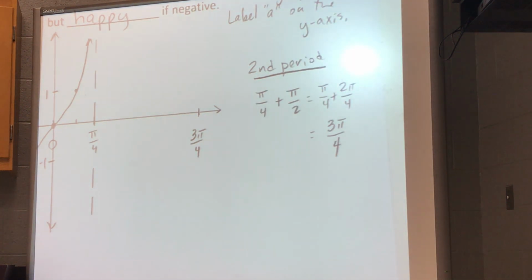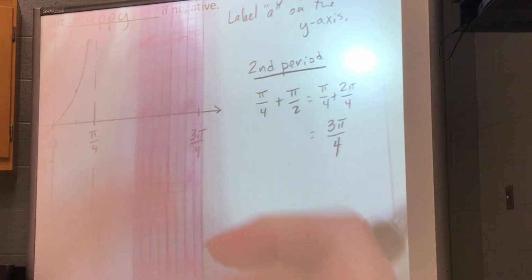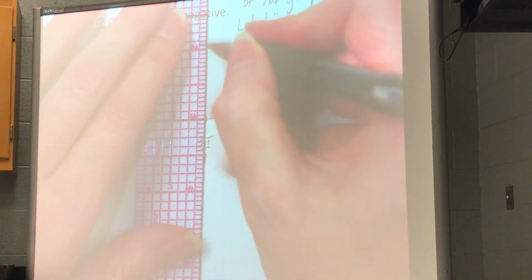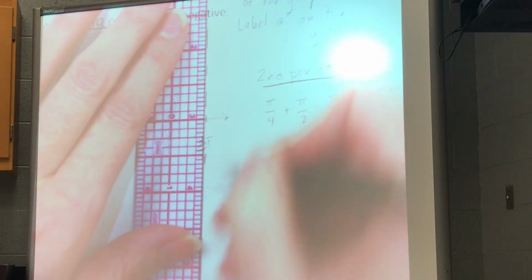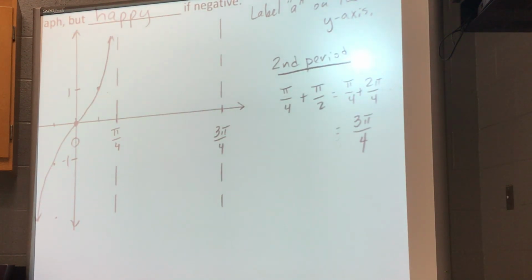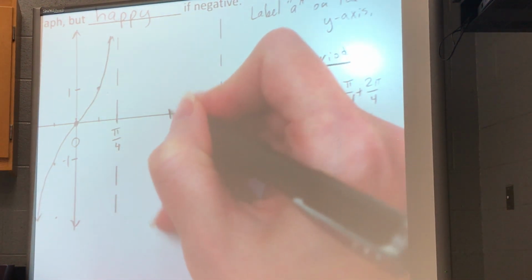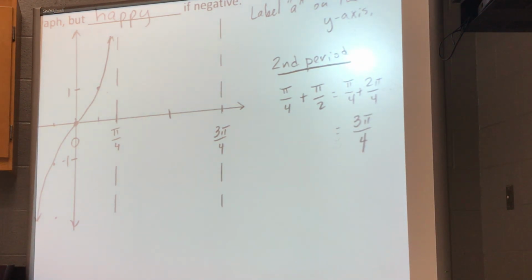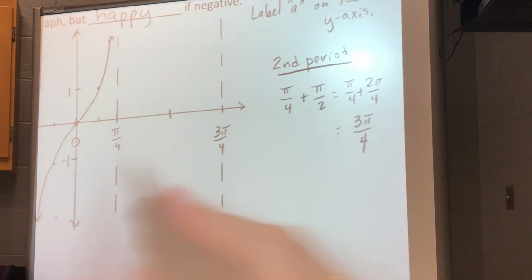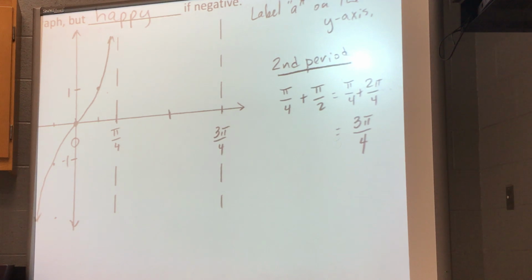And the beginning and ending of a tangent and cotangent period is a vertical asymptote. Alright, and then my x-intercept is going to be in the middle. So to find the halfway between these two, I add them together and get 4 pi over 4, which is just pi, and then take half.